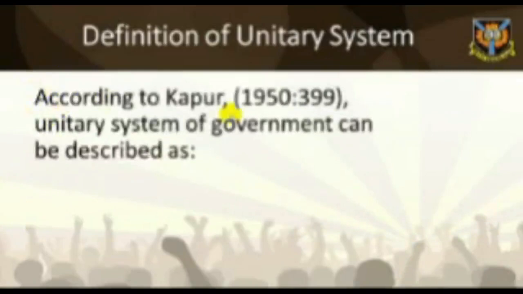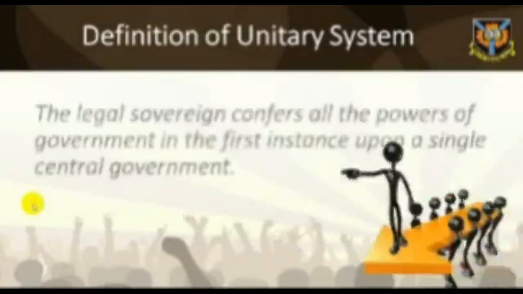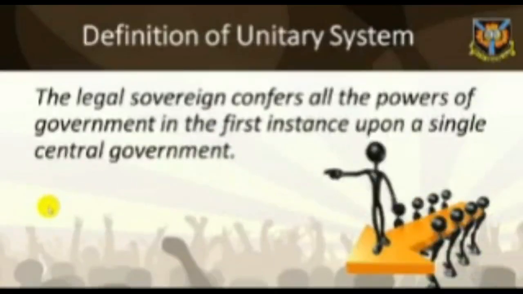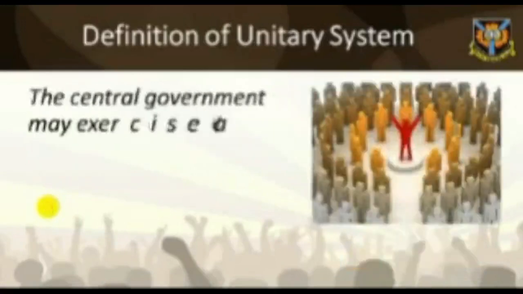According to Kapoor in 1950, page 399, unitary system of government can be described as a single integrated system of government for the exercise of all powers. The legal sovereign conveys all the powers of government in the first instance upon a single central government.